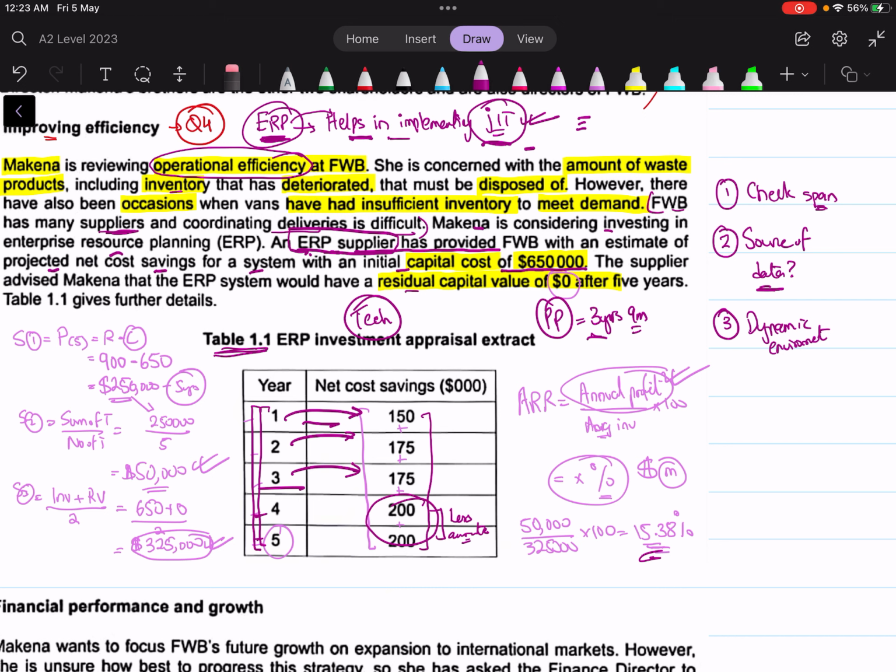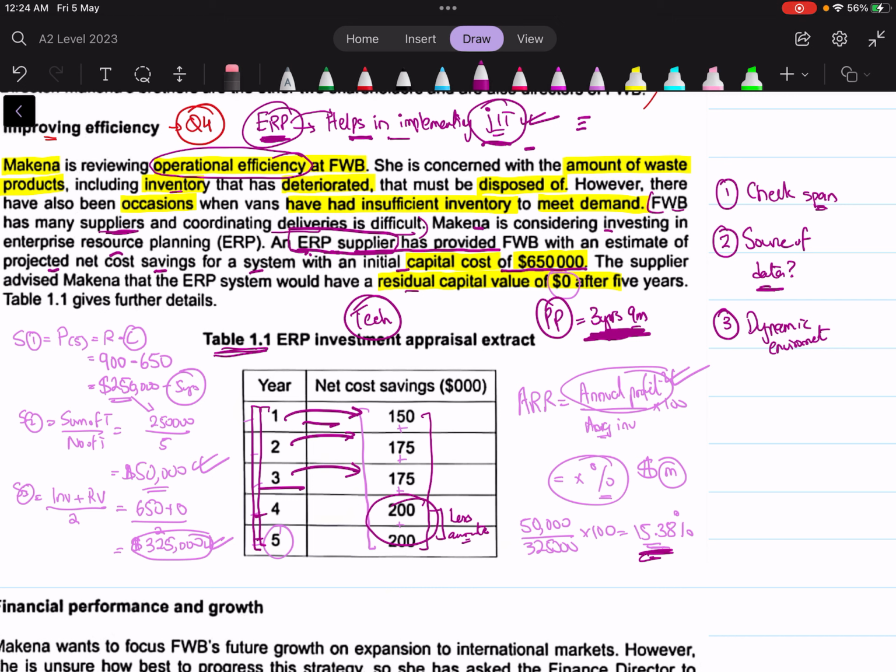So how dynamic is the environment? Because if the business environment is very dynamic, your cash flows may become inaccurate, thereby influencing the extent to which your investment appraisal calculations can be completely relied upon.